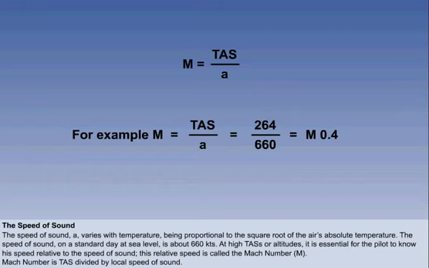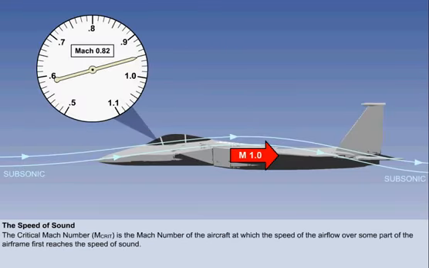How the Mach meter works is covered in the instruments syllabus. If an aircraft's speed approaches the speed of sound, there will be a Mach number at which the speed of the airflow over some parts of the airframe, usually the point of maximum thickness of the aerofoil, first reaches the speed of sound. This Mach number is called the critical Mach number, or M-crit.